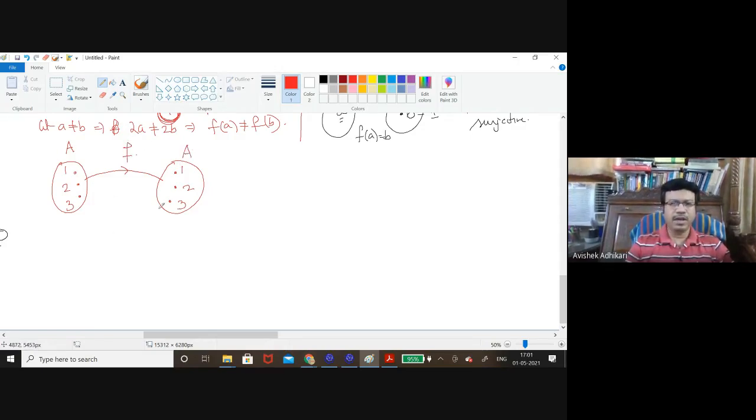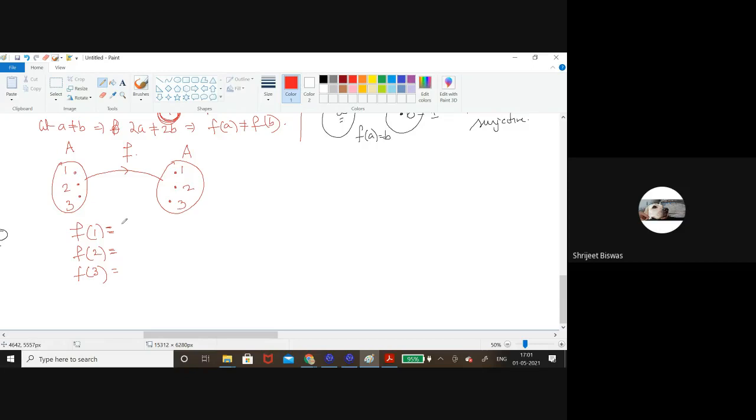Can you give me a mapping which is bijective? So I just need to define where F goes. Can anybody tell me an example of a bijective mapping? So F1 goes 1 to 1, 2 to 2, and 3 to 3. It will be both surjective and injective.